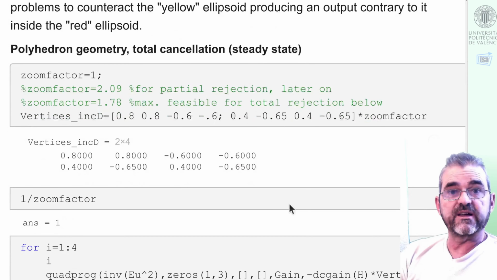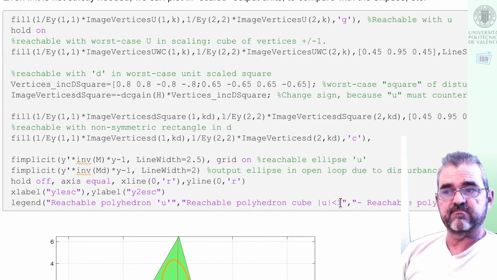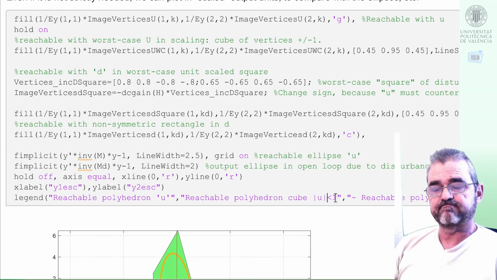So you can pause it and examine it carefully, or just download it from the materials in the description. The important thing is understanding this. In scaled units, the red and cyan are the same as before. The reachable output with manipulated variables U is green, and the reachable output values by disturbances, so green is larger.